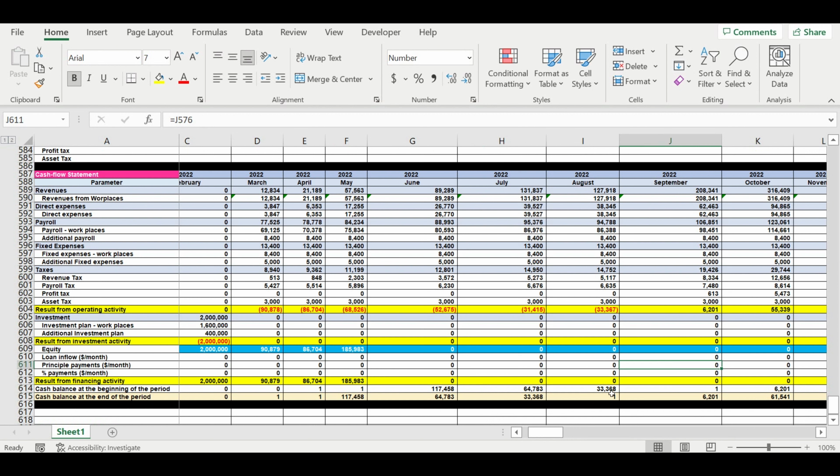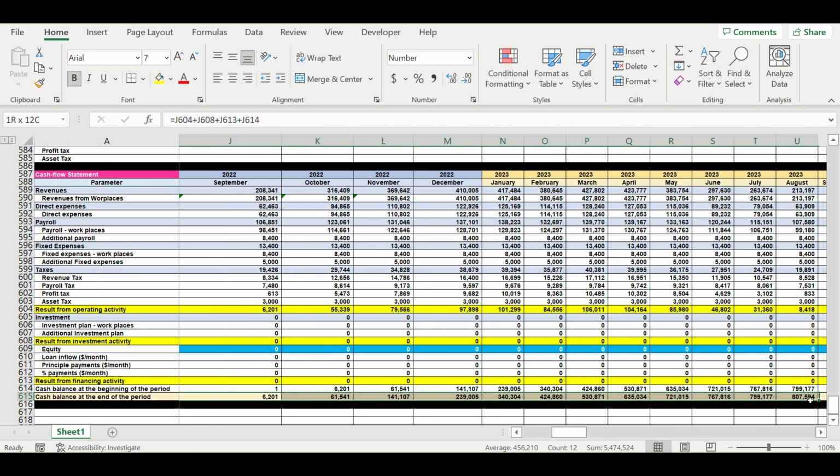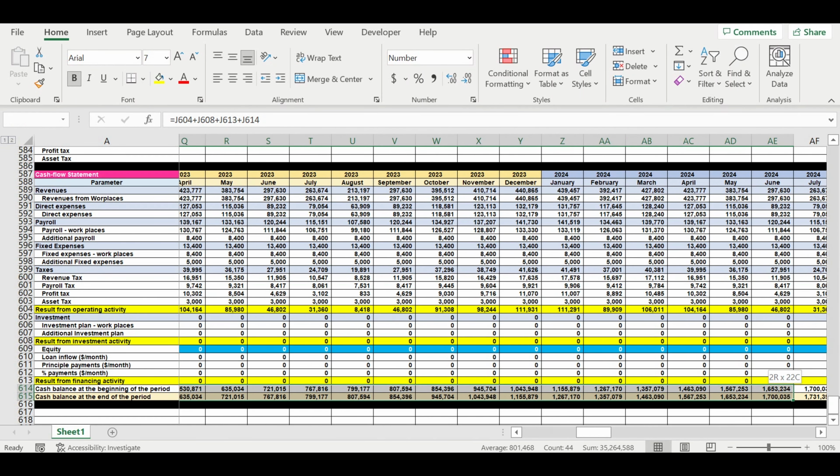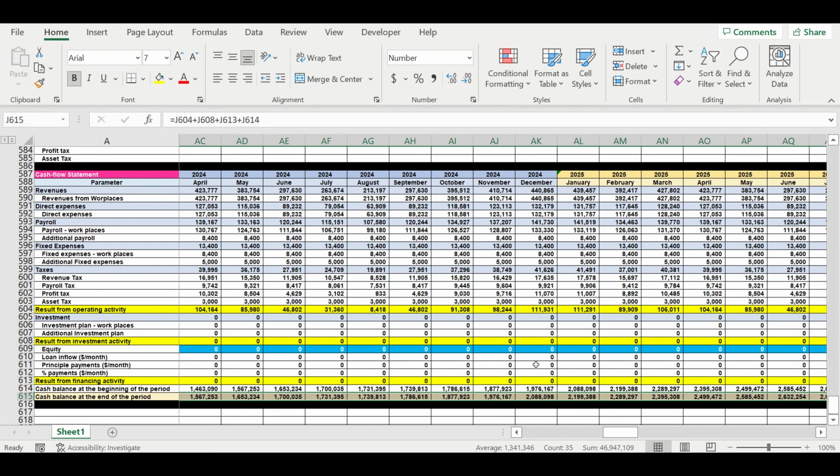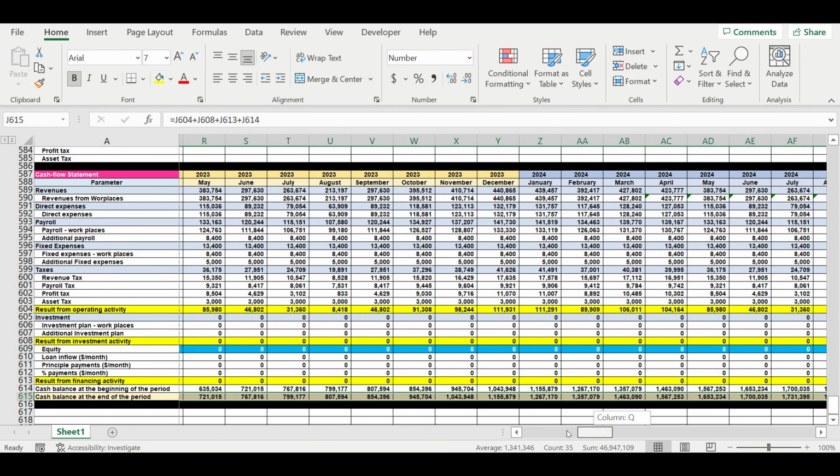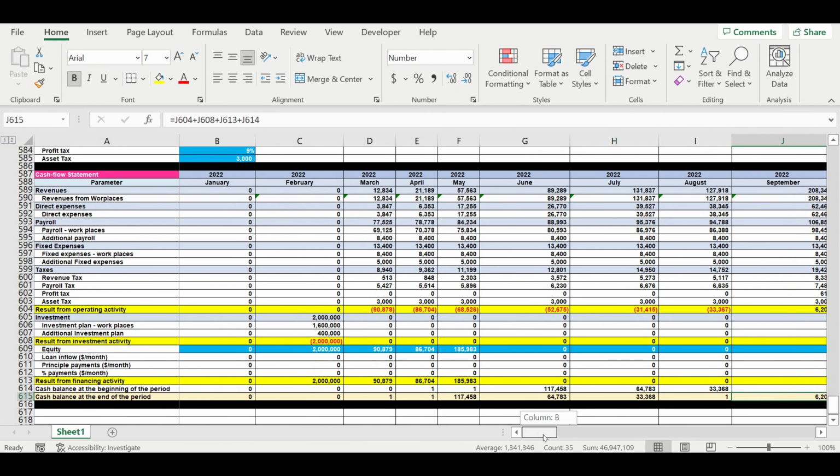So after this moment, so this is some type of mathematical zero, after which the project starts generating its own cash, and we don't need to put some extra financing from our pocket, and the project starts living its own life. So we don't need any additional financing.